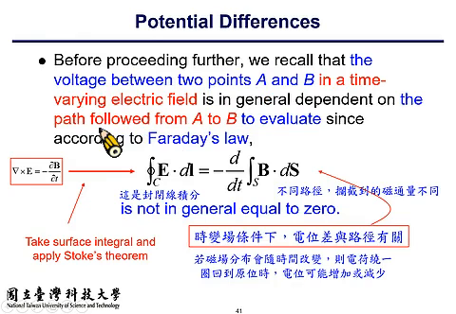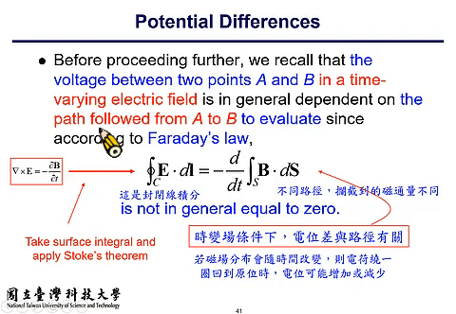Before proceeding further, we record that the voltage between 2 points A and B in a time-varying electrical field is in general dependent on the paths followed from A to B. In our previous discussion about generator or electric motor, we know that voltage difference between point A and point B can be different depending on the time variant behavior of background magnetic field.